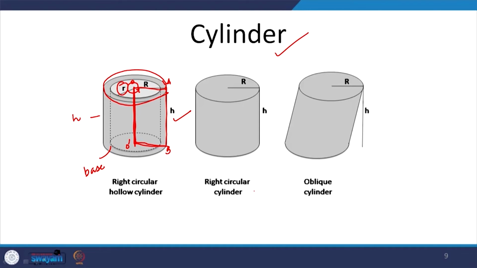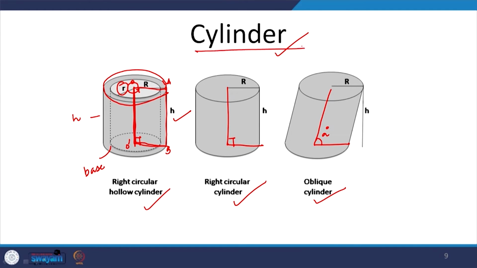So, we could have different types of cylinders, we could have hollow cylinders, we could have right circular cylinders. Now, in both the cases, the axis is again perpendicular to the base, and in case the axis is making a certain angle with the base, it is called an oblique cylinder, as it is slightly inclined.